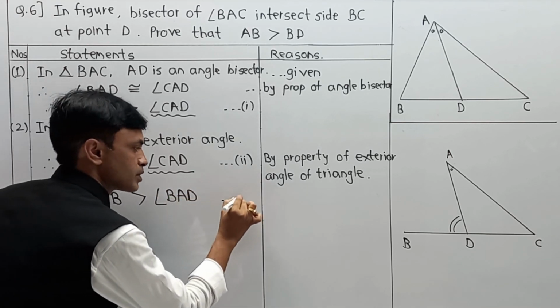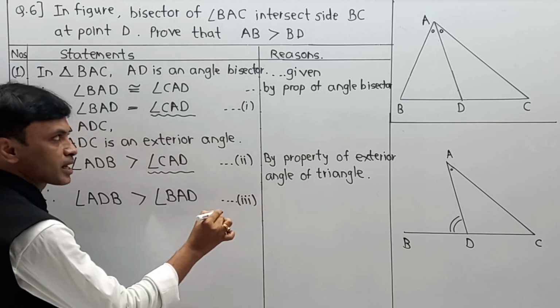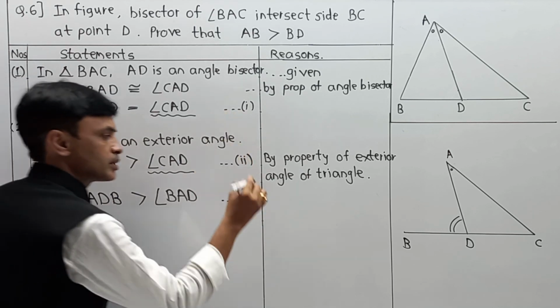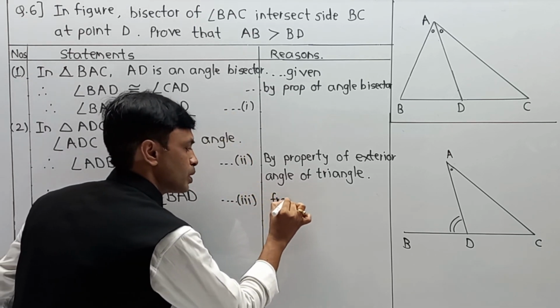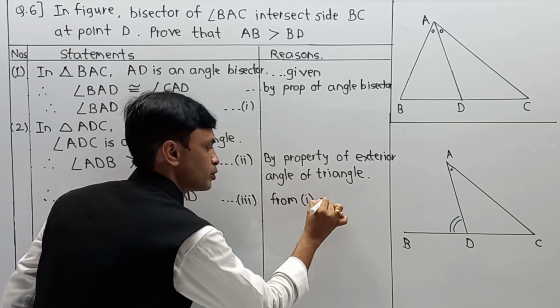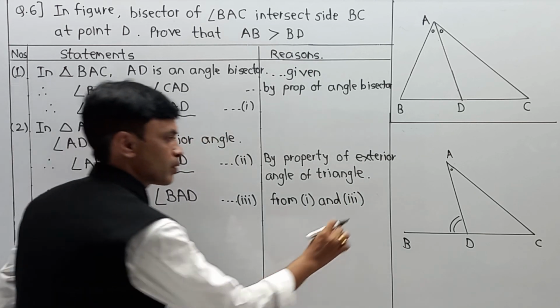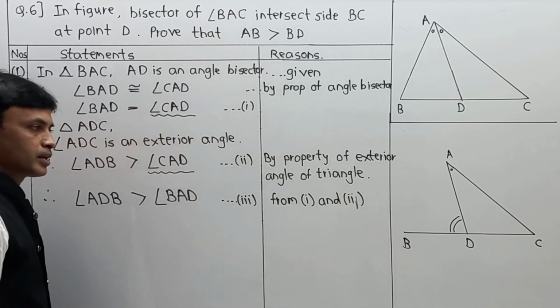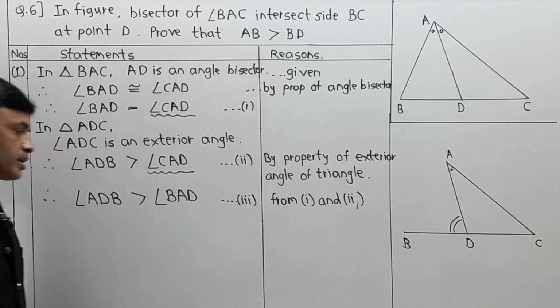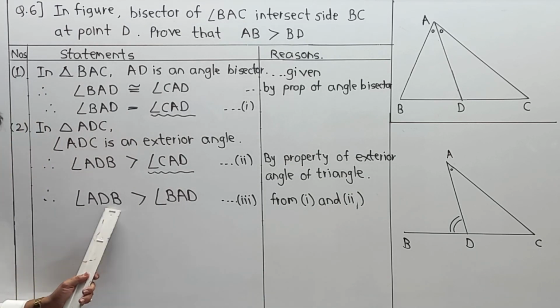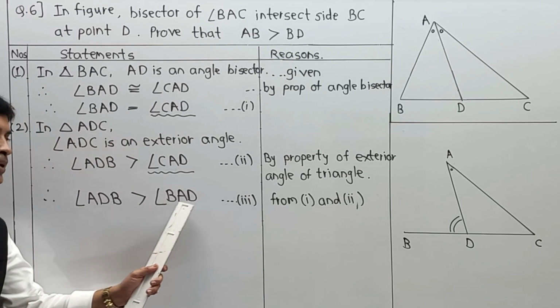So I am writing it as equation number 3, and this equation arises because of equations 2 and 1. In this way we are able to get the new conclusion from 1 and 2: angle ADB is greater than angle BAD.